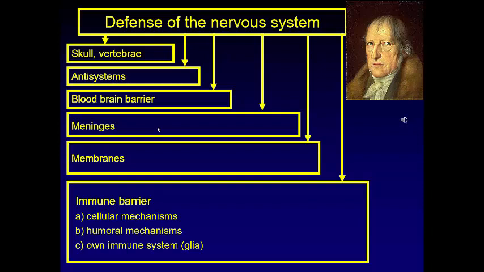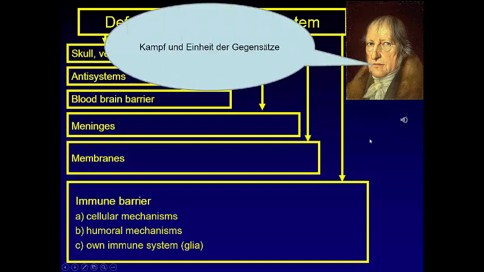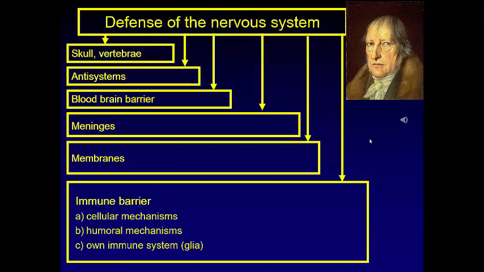To understand them, I asked our colleague to explain what Hegel is actually saying here. Yes, and the point is that if I have one system, I would have another system to counteract it, to balance it. And the idea here is that if I have a nociceptive system for pain, I have an anti-nociceptive system which would smoothen or modulate its effect.